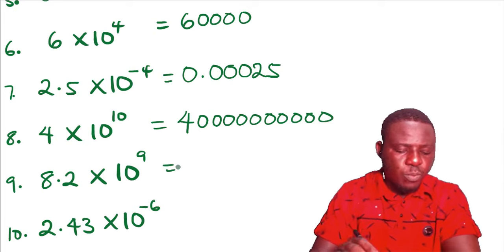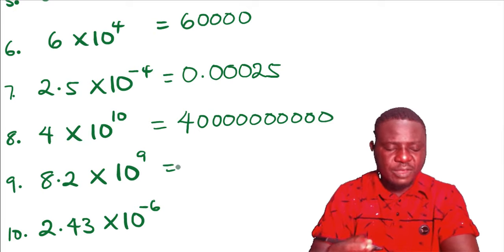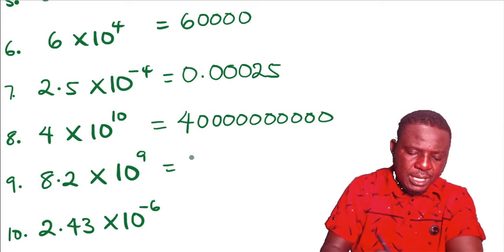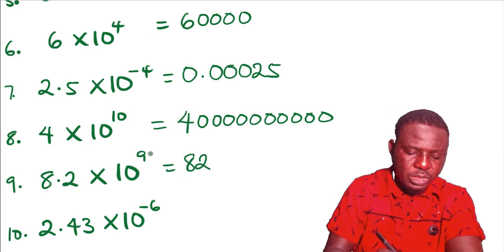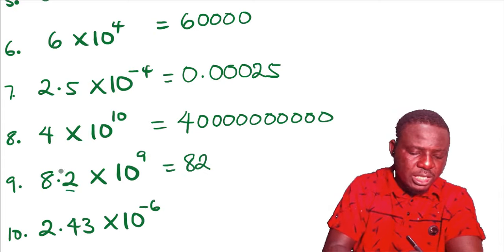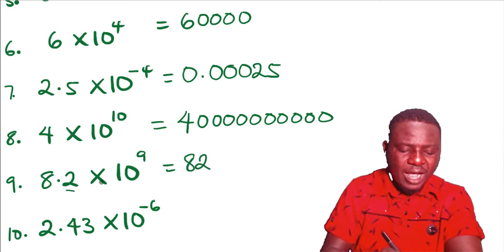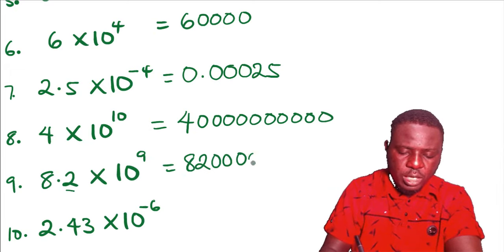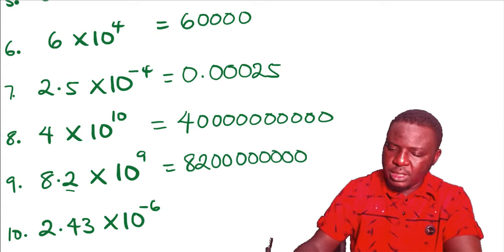And that of 8.2 times 10 raised to the power of 9, this can be written as 8, 2, and how many zeros? 8, because we already have 1 digit. So if you move it, you are going to have 8 zeros being added. So this becomes 1, 2, 3, 4, 5, 6, 7 and 8.